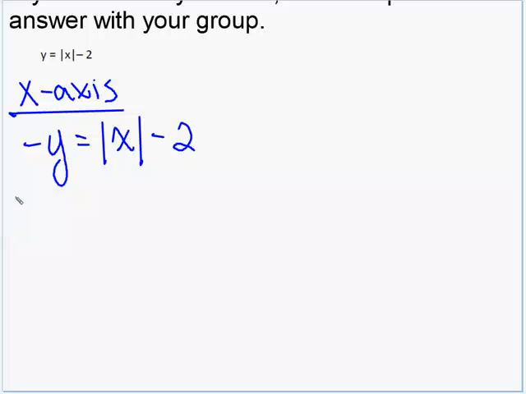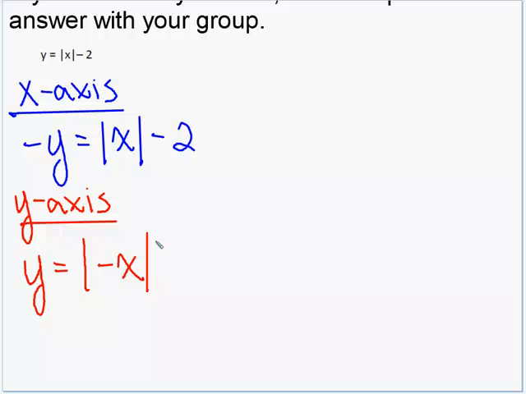Let's check y-axis. Okay, so check the y-axis. I'm going to replace x with negative x. So this will be in the bars, negative x minus 2. If we look back to the original equation, of course, the bars are going to make whatever is in here positive. Same thing here.